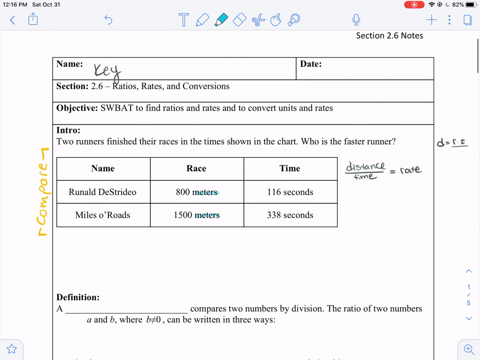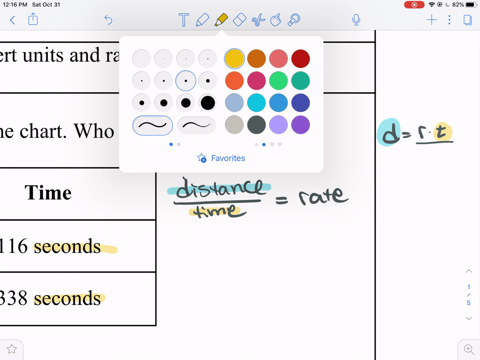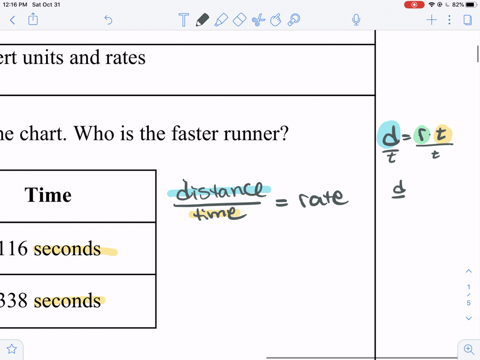That's a distance. We also know their time in seconds. So we know distance, we know time. We want to solve for the rate. So we know distance equals rate times time. We divide both sides by time to get distance over time equals their rate.